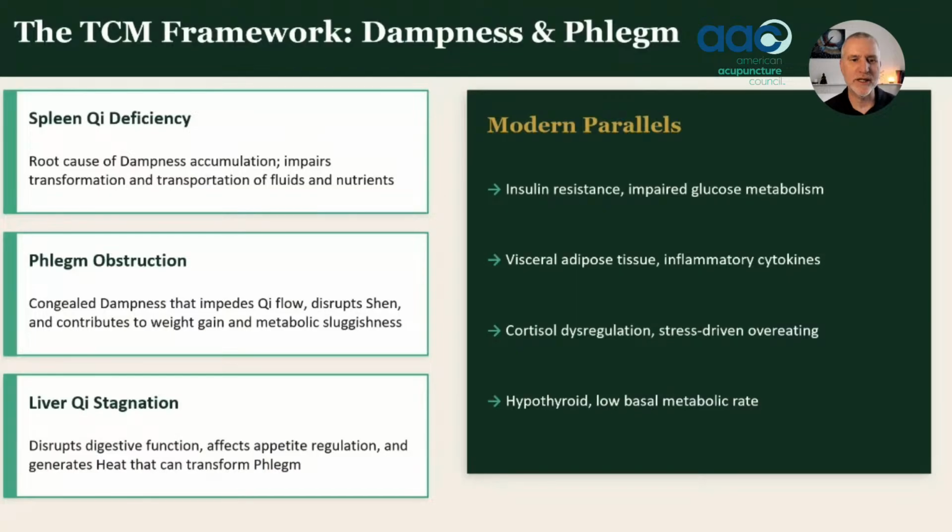Phlegm obstruction affects the visceral adipose tissue and inflammatory cytokines, and liver qi stagnation affects cortisol dysregulation, stress-driven overeating, and also hypothyroid and low basal metabolic rate, which ties into maybe some kidney-heart imbalance also in the background.